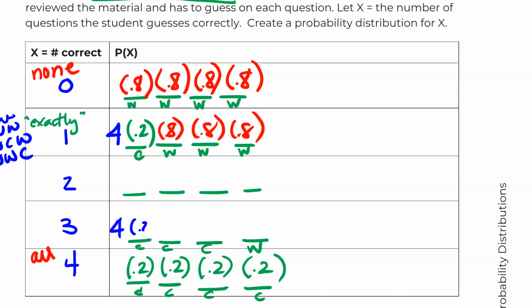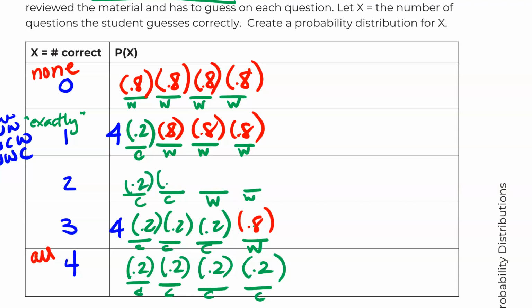So this is going to look like this. Guys, I have all these goals in mind with color. All right, so there we're looking at what we're doing here. And the last one, figuring out what needs to happen, that's simple enough. Correct, correct, wrong, wrong. So this will be a 0.2 times a 0.2, and then a 0.8 and a 0.8.